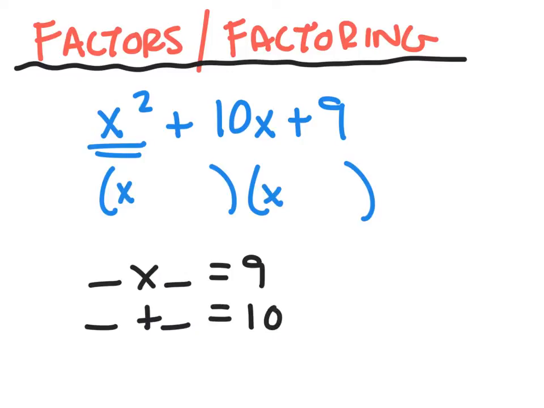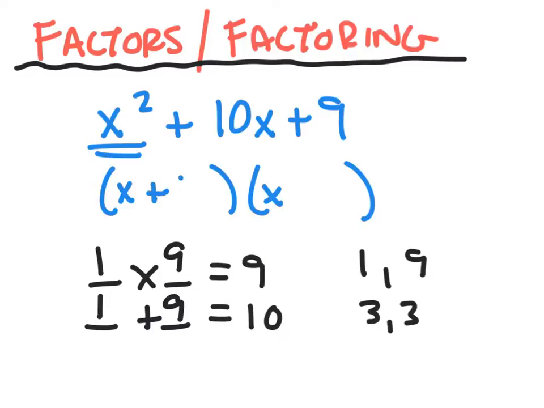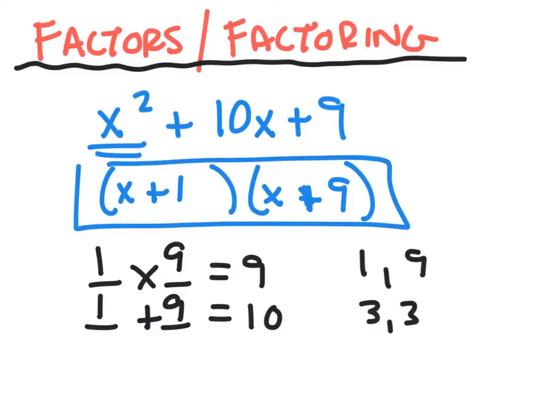That's pretty easy. Your numbers that multiply to 9 are these ones, and you can see that the 9 and the 1 are going to be the magic numbers. So let's put in a 1 and a 9, and that works out nicely. So it would be x plus 1 and x plus 9 would be the way that we factor that.